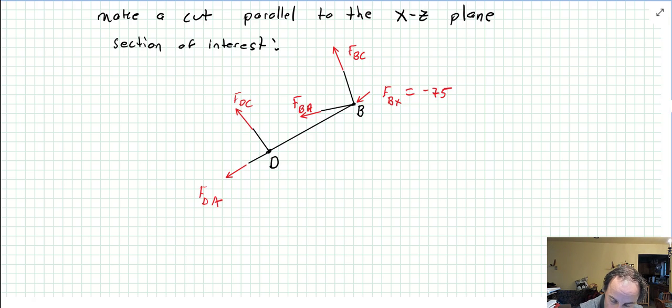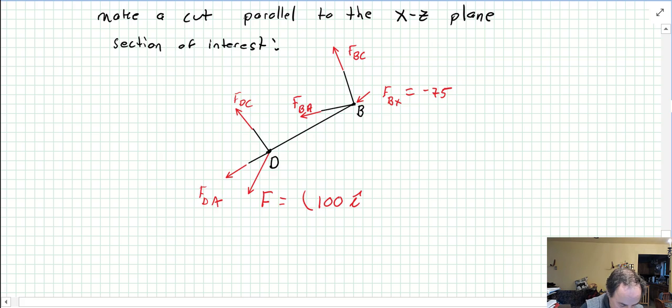And let us not forget our applied force. Okay, this is F, and we know F is 100 i minus 100 k.